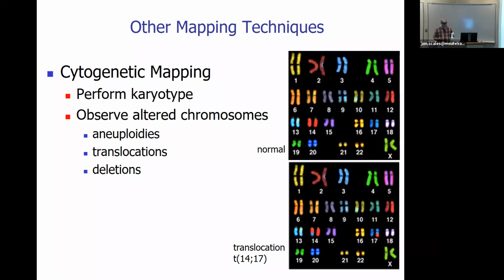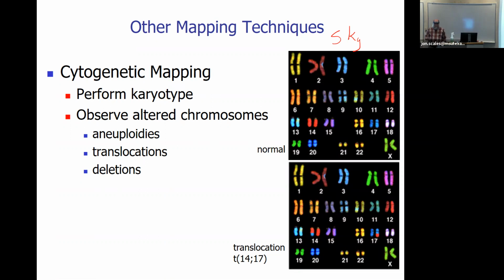We've looked at them before, but this karyotype is colored. So it's called a spectral karyotype, SKY. And that allows you to see chromosomes if they've rearranged quite a bit easier.